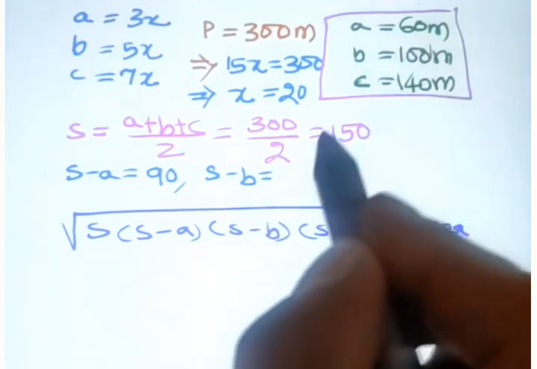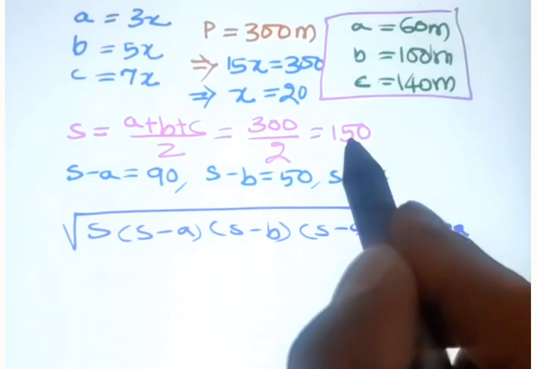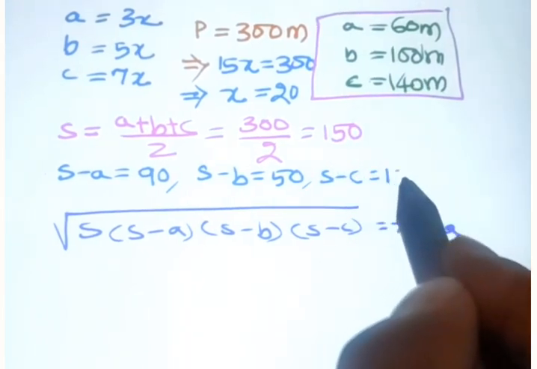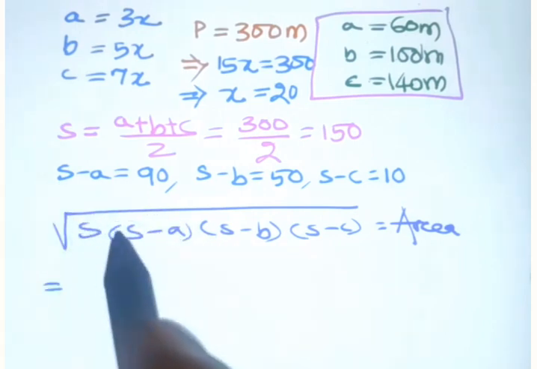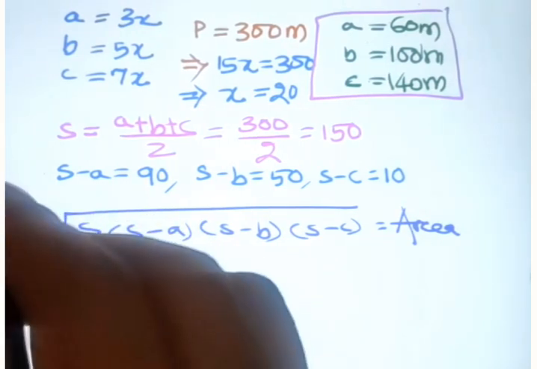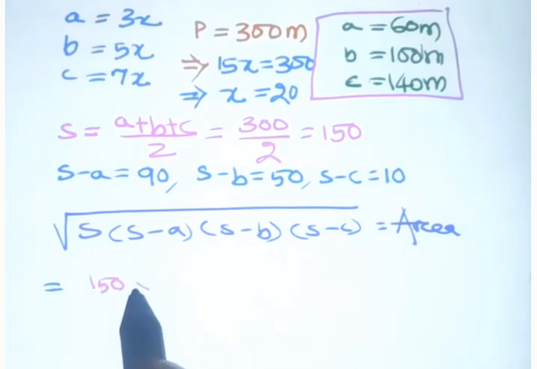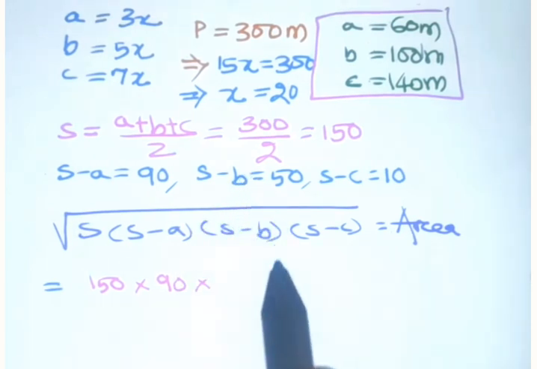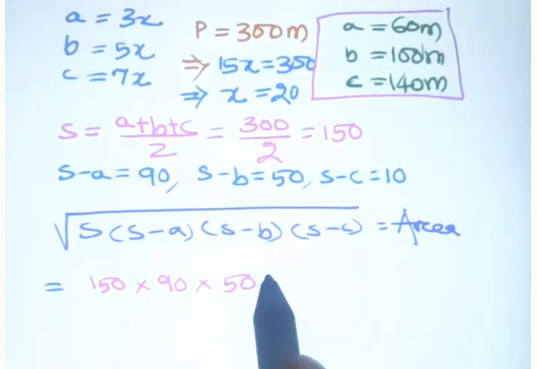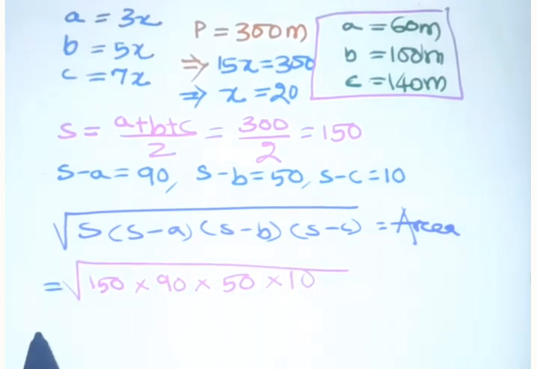S minus B, 150 minus 100, which is 50, and S minus C, 150 minus 140, which is equal to 10. So now let's put the values. S is nothing but 150. S minus A is 90. S minus B is 50 and S minus C is 10.